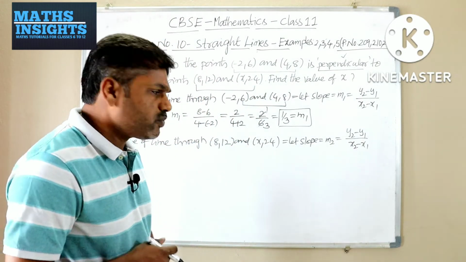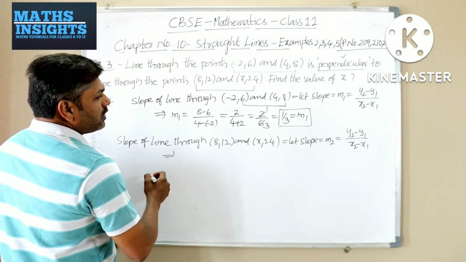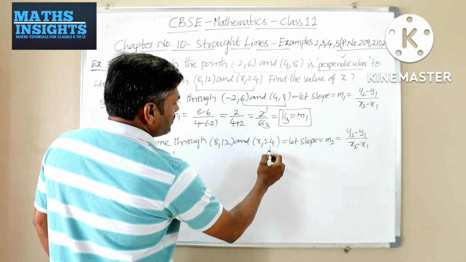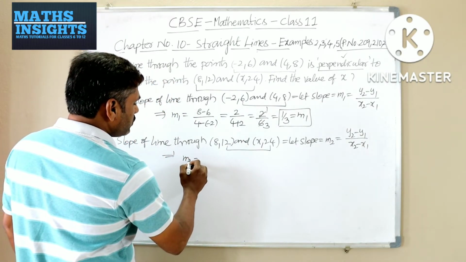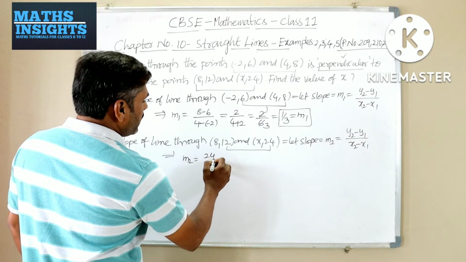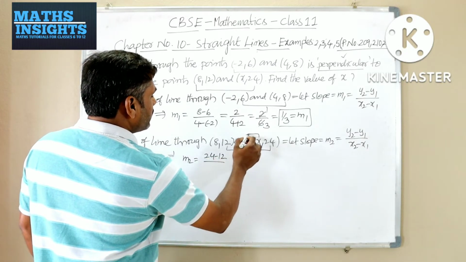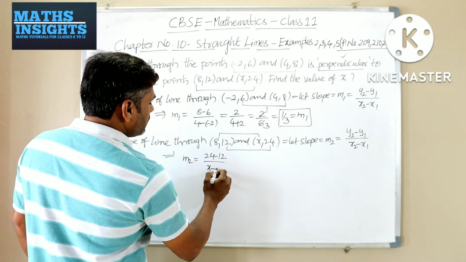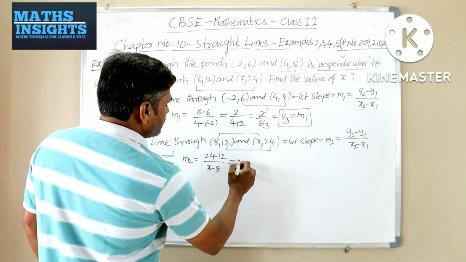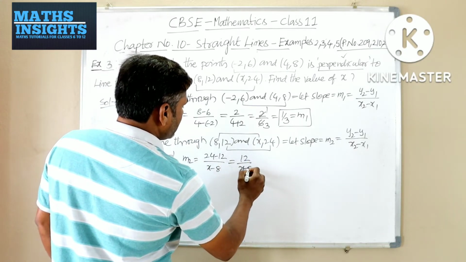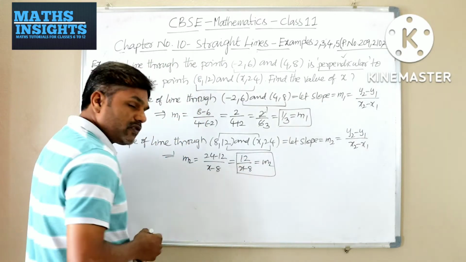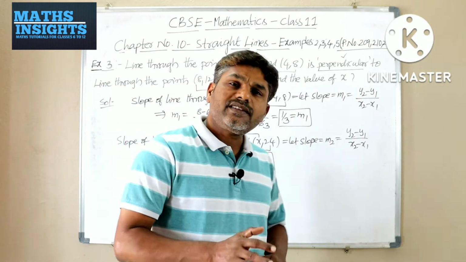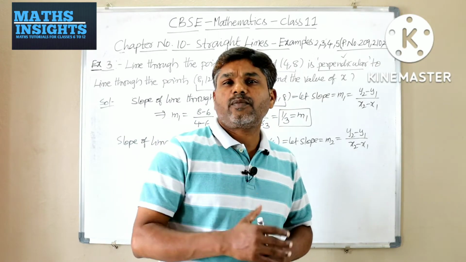While writing, you have to spell them. So, what is the difference of y coordinates? 24 minus 12 by the difference of x coordinates, x minus 8. So that is equal to 12 by x minus 8, which is m2, the slope of the second line. Both lines are perpendicular, that is given in the problem.